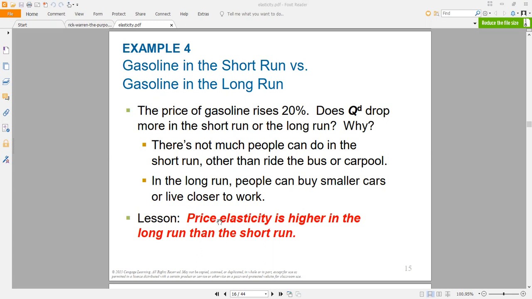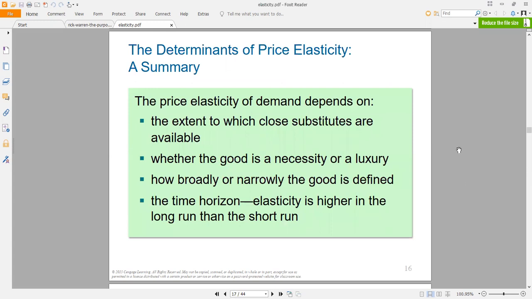So demand for the good becomes inelastic in the short run and more elastic in the long run. Okay, so the lesson is that price elasticity is higher in the long run than in the short run. All right, so this is a summary of the determinants of price elasticity. First, you need to consider the availability of substitutes. If the good has substitutes, it tends to be more elastic than goods that do not have substitutes. And then you check the nature of the good.